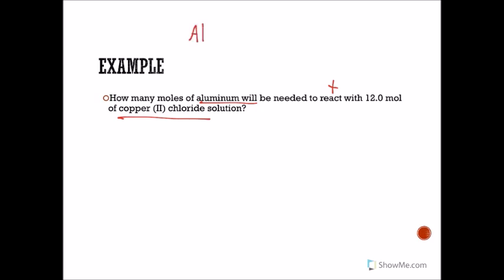We have aluminum plus copper 2 chloride, which is CuCl2, yields, and if we take a look, this is a single replacement reaction, so we got A, B, C, A, C, B. We get copper coming out by itself, and we have aluminum chloride going together.